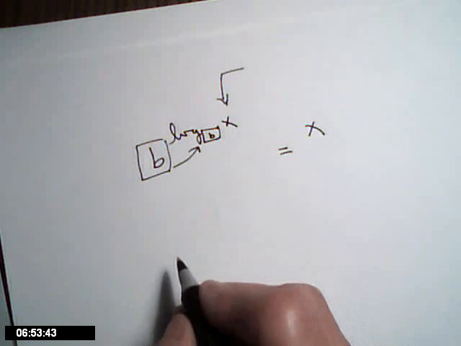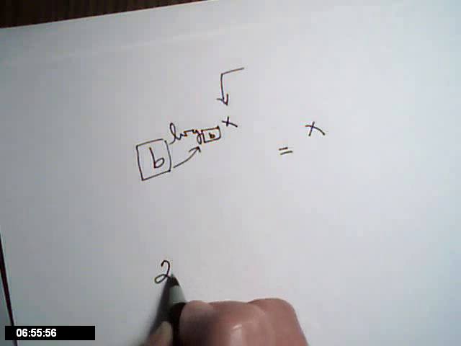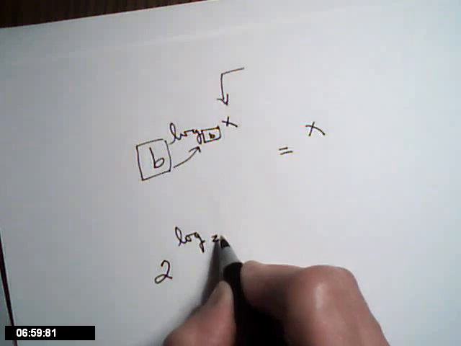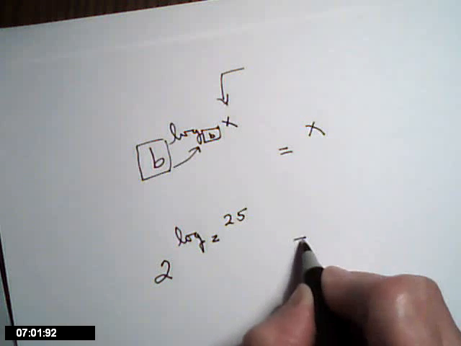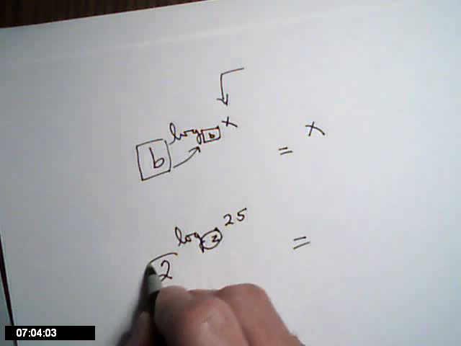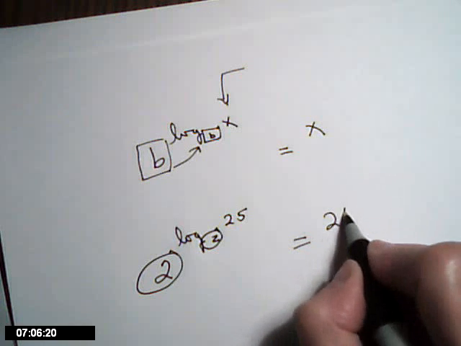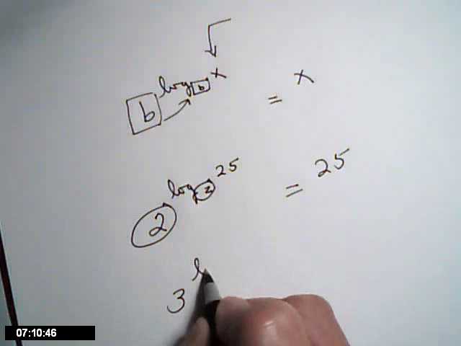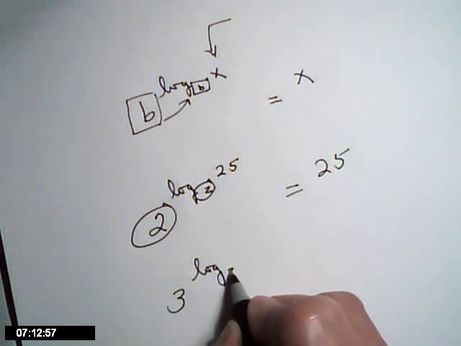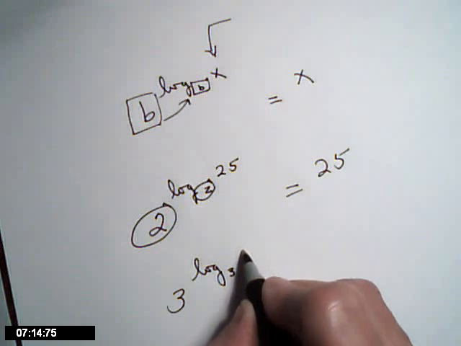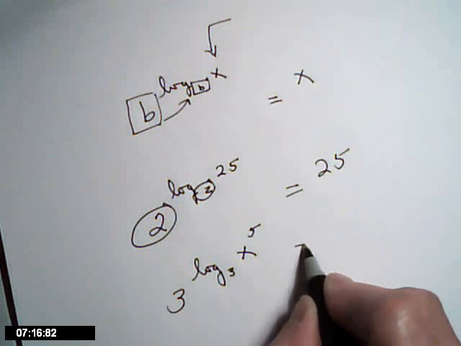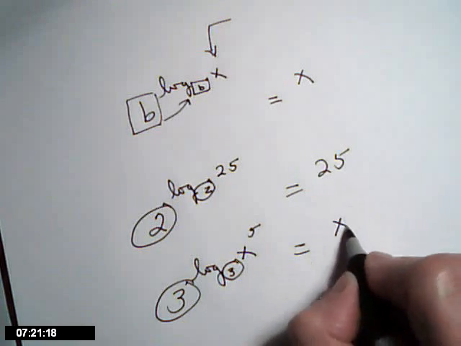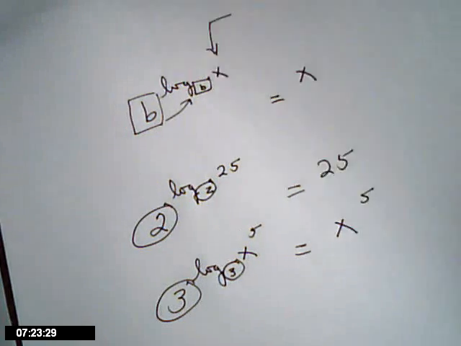Now let's put that in terms of numbers. If I have 2 raised to this power, let's say log base 2 of 25. Notice the base and the base are the same. My answer is 25. If I have 3 raised to the log base 3 of x to the 5th power, my base and my base are the same, therefore my answer is x to the 5th power.